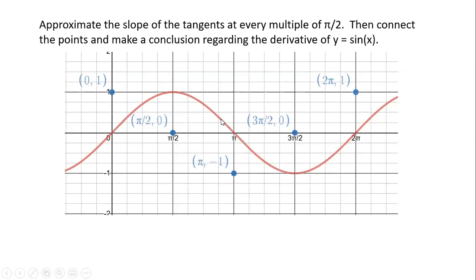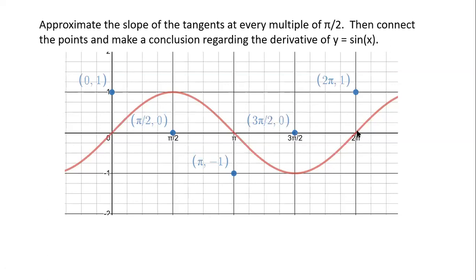Over here, where the function is coming down, the slope is actually minus 1. So I've put that in as a point. At pi, it's minus 1. And at 3 pi over 2, where the function has a flat tangent again, that would be 3 pi over 2, 0, another point on the derivative function.